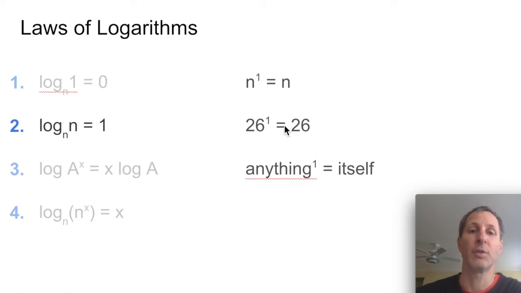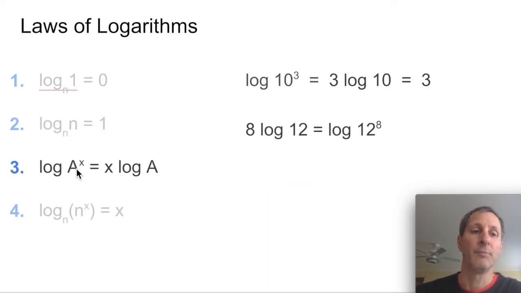So 26 to the 1 power is equal to 26, or log base 26 of 26 is equal to 1, right? So that's the second law. It really just states what we already know from the exponent laws, that anything raised to the 1 power is itself. And log base n of n is always going to be equal to 1 as long as these two numbers are the same.